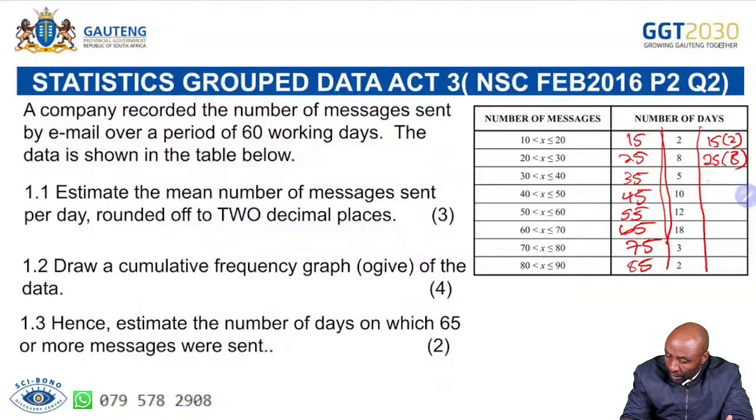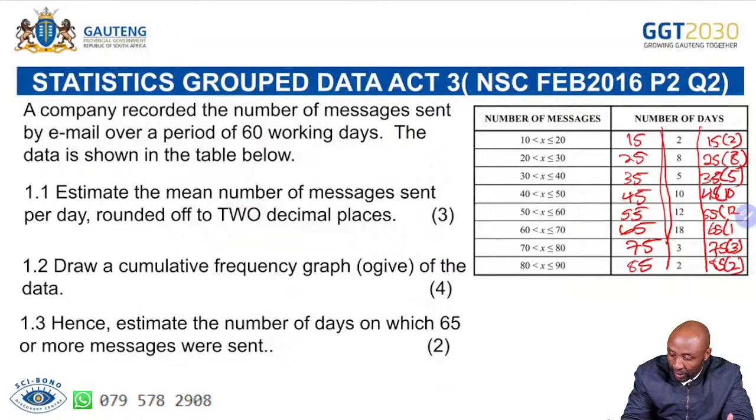25 times 8, we have 35 times 5, we have 45 times 10, we have 55 times 12, and we also have 65 times 18. We also have 75 times 3, and we have 85 times 2.